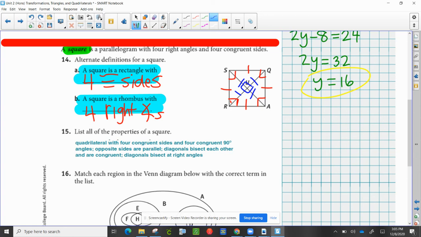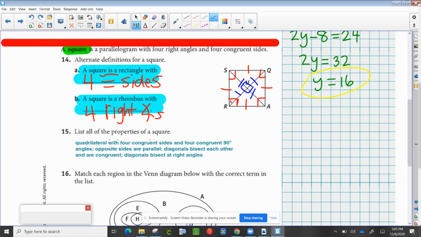So a square actually has a lot of properties to it. It's combining a parallelogram with a rectangle with a rhombus. That's your square. We're going to go over our family tree tomorrow and put in all these properties, but those are all of our quadrilaterals.